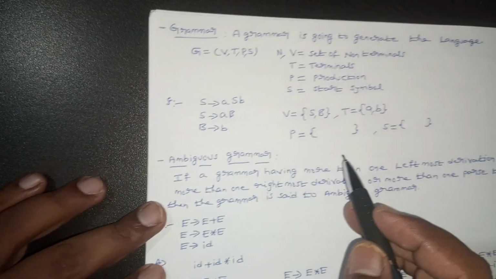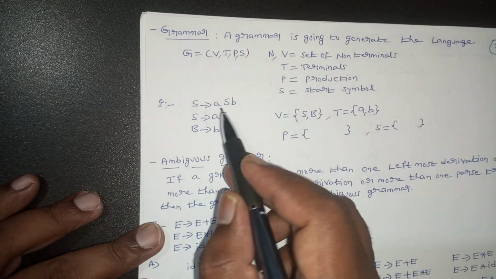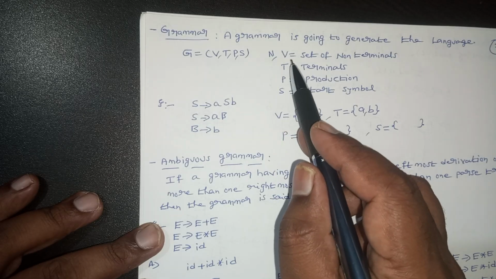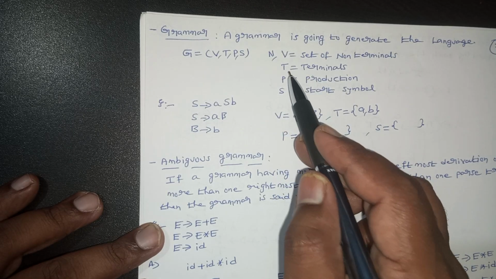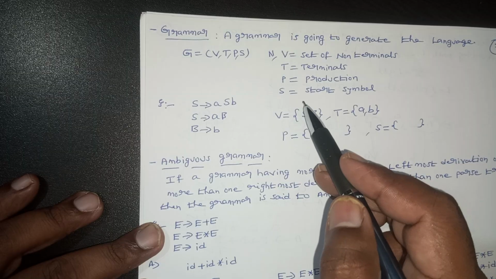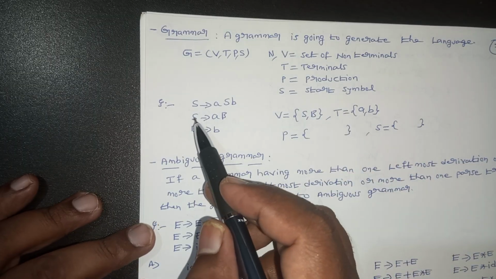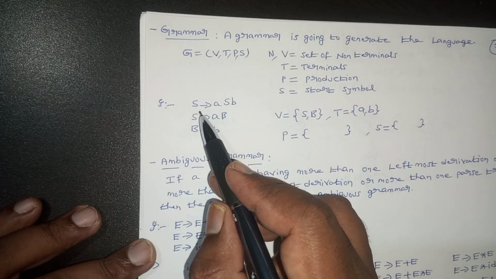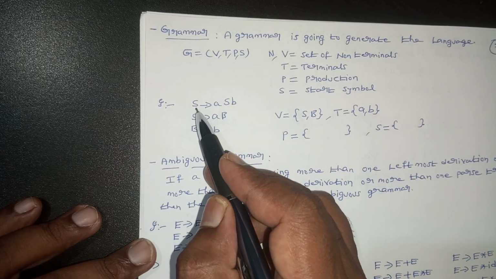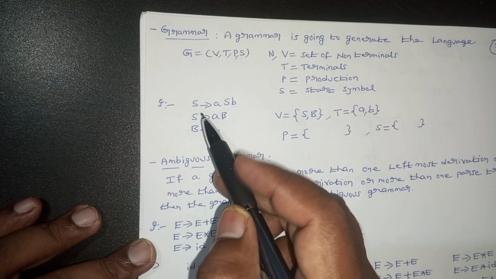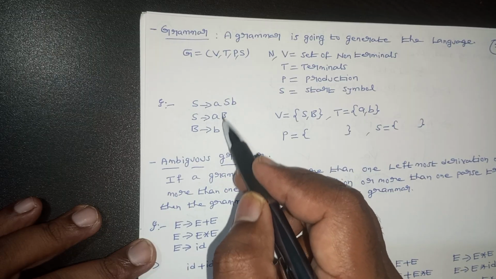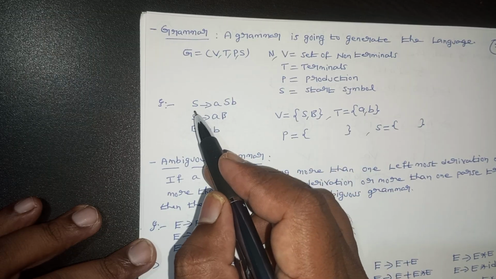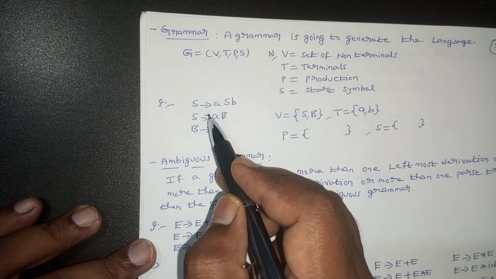Okay, I am taking an example here. What is N or V, what are the terminals, what are the productions, what is the start symbol. Now, how to read the grammar. This part is called LHS, this part is called RHS. This is the format of a grammar.